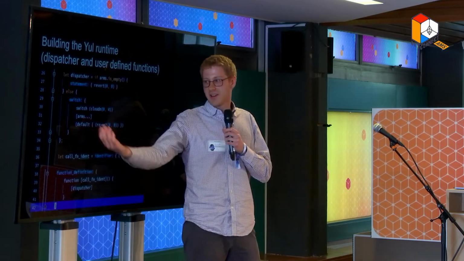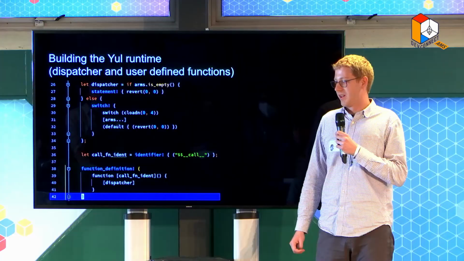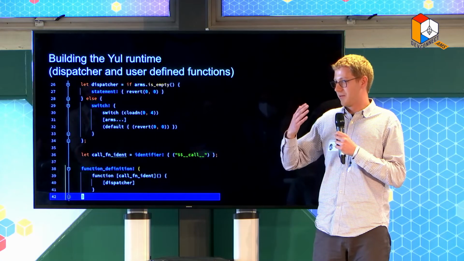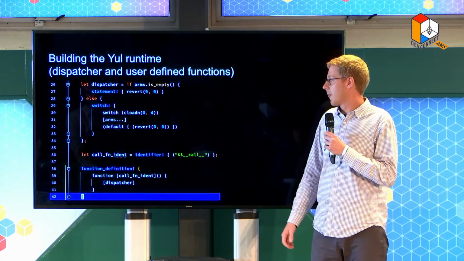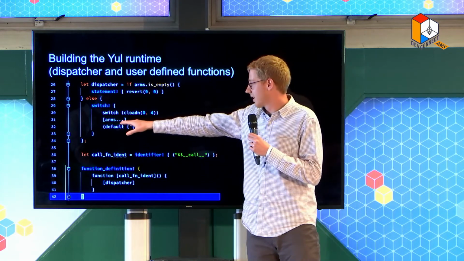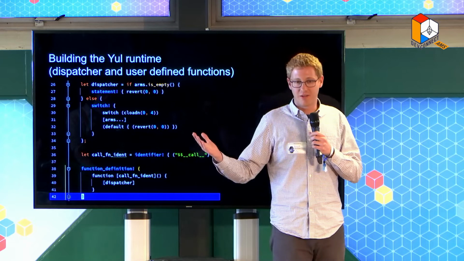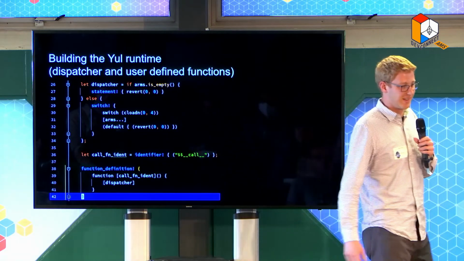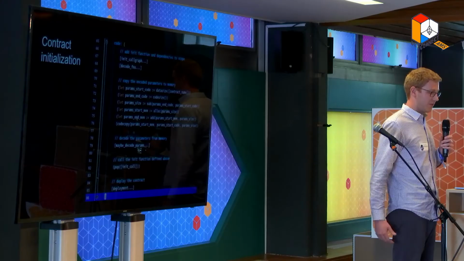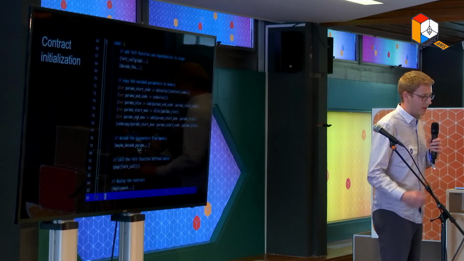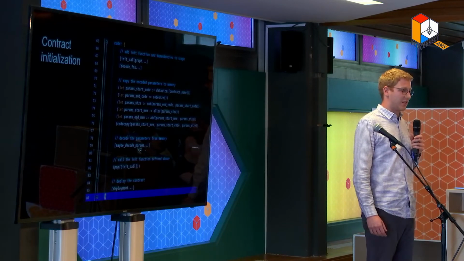This syntax right here is inserting a set of switch arms or cases. You're getting an iterable set of these, and you need to expand that. Yeah, so that's everything that you need for the contract runtime, and then we need the contract initialization.